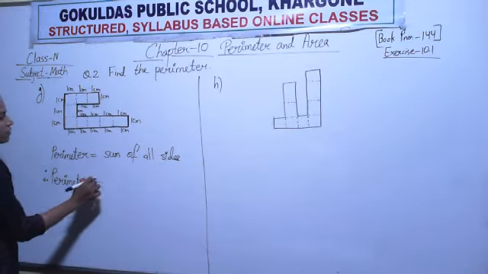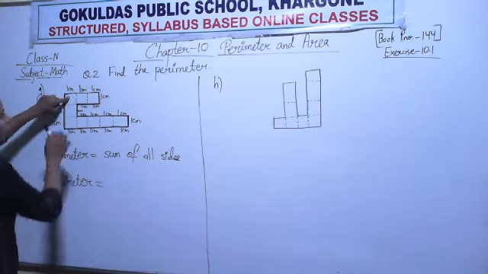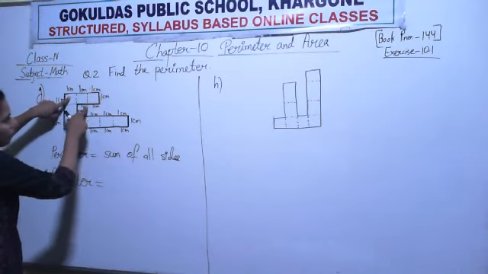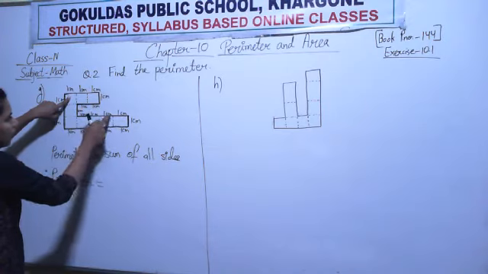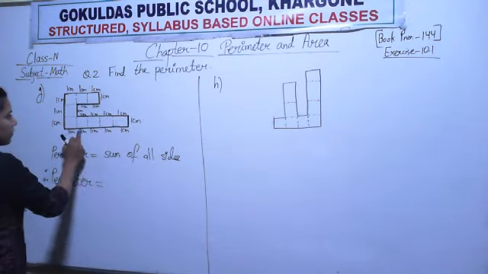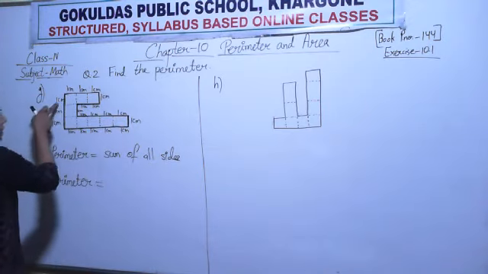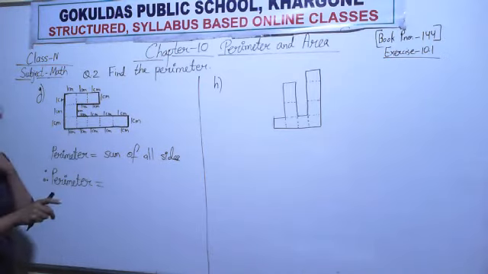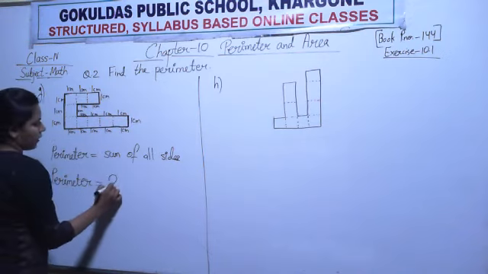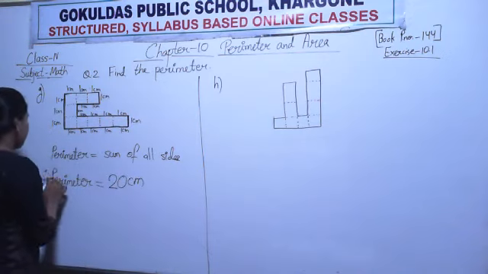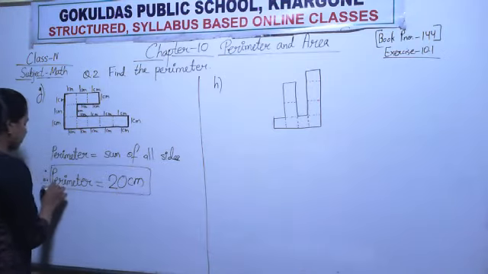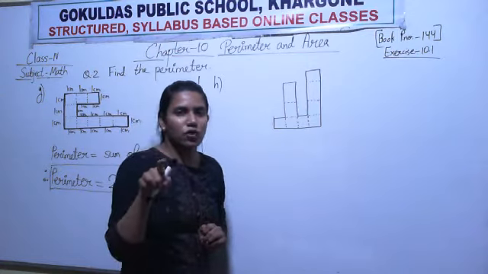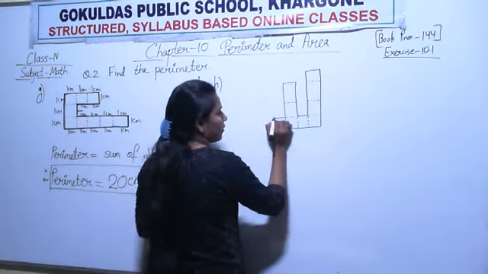Perimeter equals, start counting from this: 1 plus 1 is 2, plus 1 is 3, plus 1 is 4, 5, 6, 7, 8, 9, 10, 11, 12, 13, 14, 15, 16, 17, 18, 19 and 20. We have covered one round along the boundary. So here the perimeter is 20 centimeter. Perimeter means we talk about the total length of the boundary of any figure.